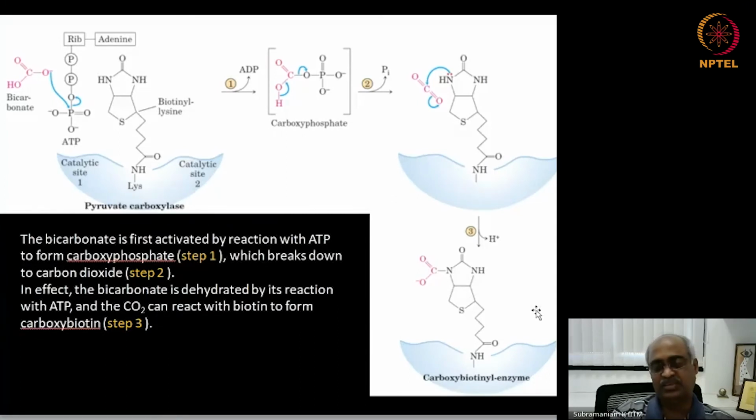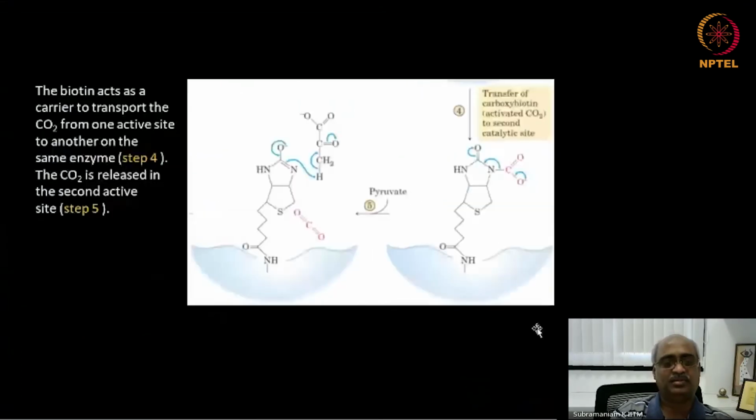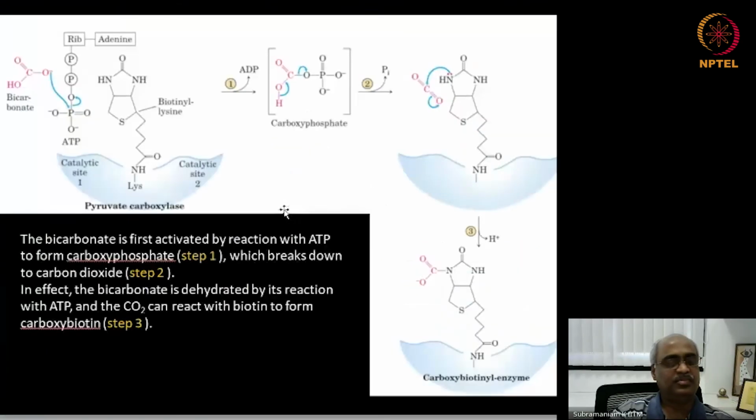Now it swings and takes this to the active site in the next step. So we saw this step 1, which is actually activating the carbon dioxide. So we have that in step 2. This is the carboxyphosphate formation, step 1, and then the carbon dioxide. So it is essentially dehydrated.